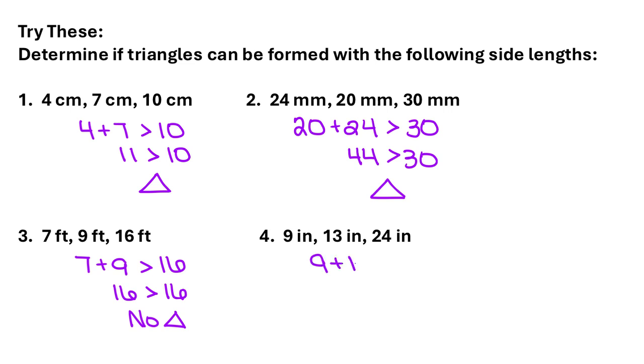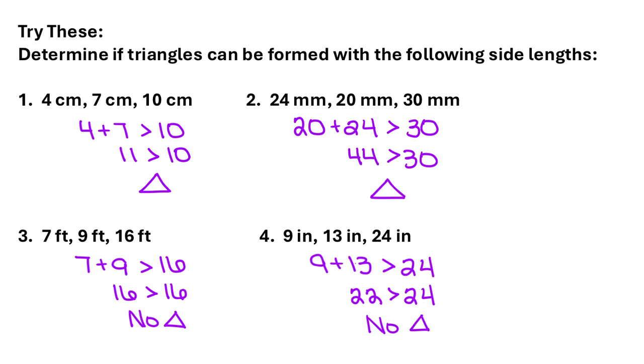So 9 plus 13 needs to be greater than 24. 9 plus 13 is? 22. Is 22 greater than 24? No. So no triangle is possible.